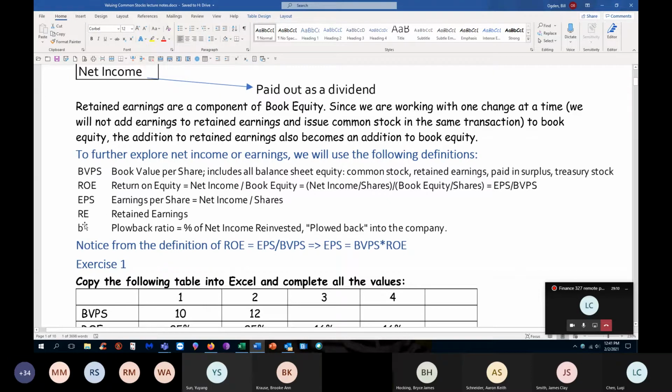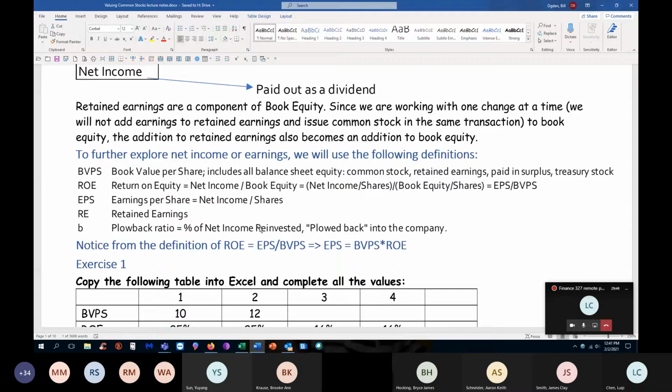Okay, now here's one that's a little bit new. It's called the plowback ratio, or what percent of net income is reinvested or plowed back into the company. So I remember a student had difficulty on a test because this is back, of course, when we had actual classes, and I said the company is reinvesting 40% of its earnings.